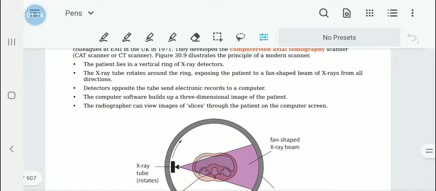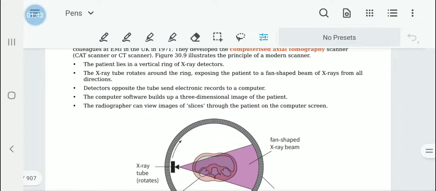So this X-ray tube would rotate around the ring, and the patient will be exposed to a kind of fan-shaped beam of X-rays from all around. Then there are detectors opposite the tube, and they will send this electronic signal to a computer. The computer software will develop whatever data comes in into a 3D image of the patient.